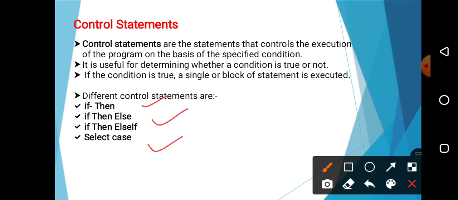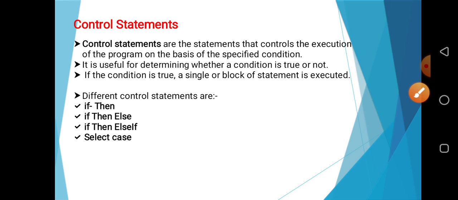Or you can simply say that whenever we want to perform some task as per a given condition, we use control statements. Where have you already used control statements, students? Have you already developed any program using them? The answer is obviously yes.